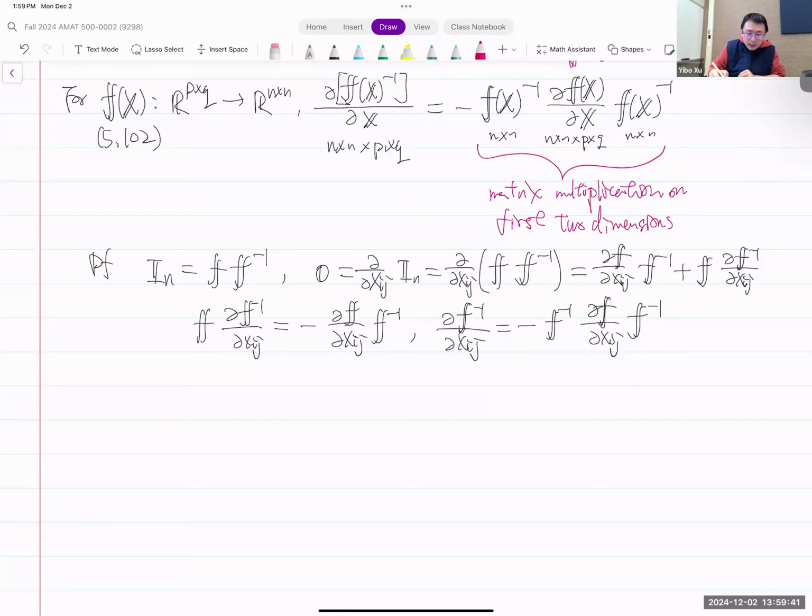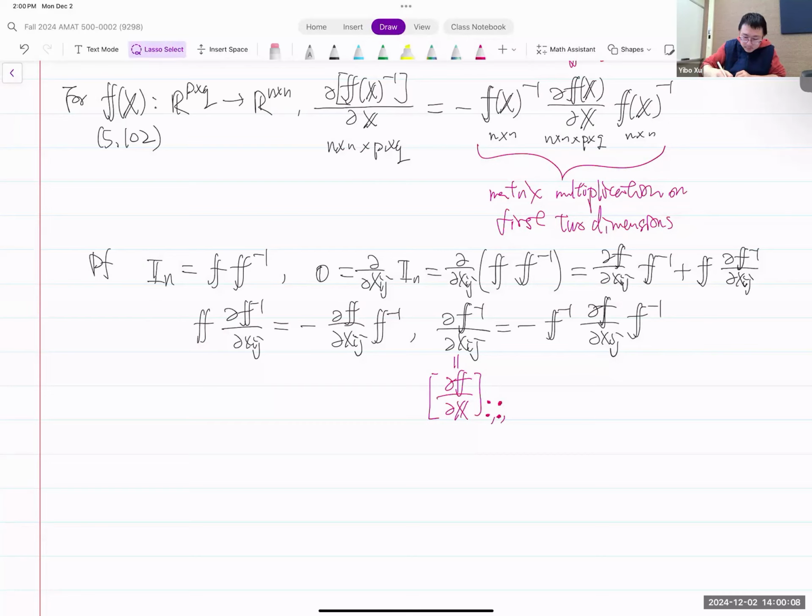So if I want to construct del F del X, this is running through the first two dimensions because the first two dimensions relate to the output, right?